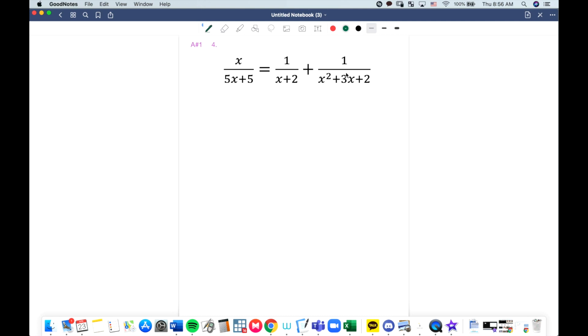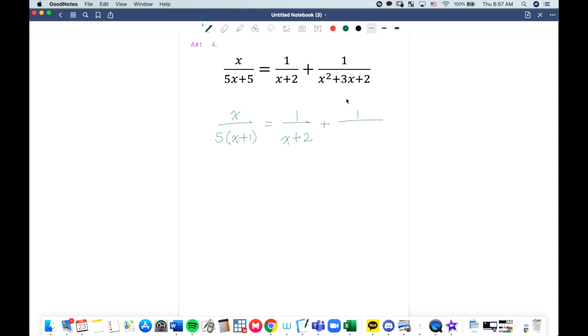If you break everything down, you're able to see it a little bit easier. So let's see, x stays the same. The 5x plus 5 can actually factor out. I can factor out a 5, and I'm left with x plus 1. X plus 2 cannot be factored, so I'm just going to leave it alone.